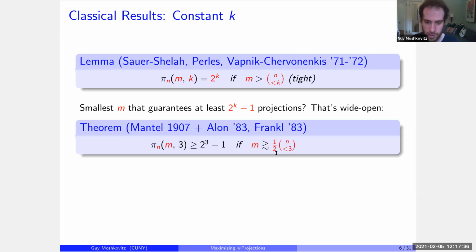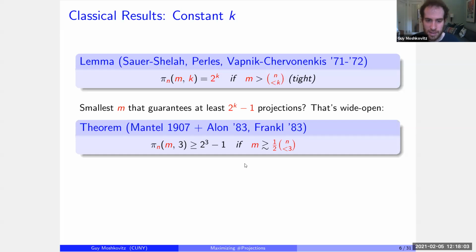Okay, so the result here, up to lower order terms, is exactly that. And Mantel's theorem tells you that the optimal answer is 1/2 of the Sauer-Shelah bound. Okay, the extremal construction here would be basically a complete bipartite graph. So fantastic. We know the smallest m that guarantees 7 projections on 3 coordinates.